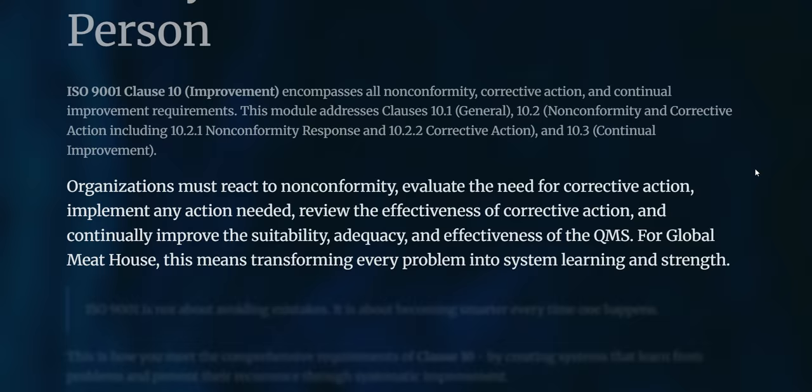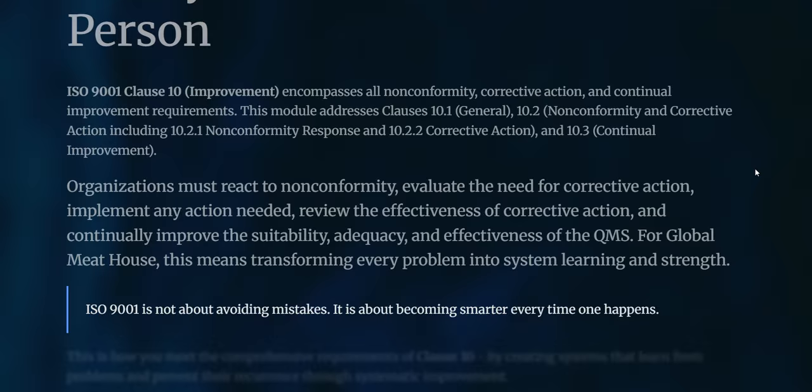Organizations must react to nonconformities, evaluate the need for corrective actions, implement any action needed, review the effectiveness of corrective actions, and continually improve the suitability, adequacy, and effectiveness of the quality management system. For our case example, Global Meat House, this means transforming every problem into system learning and strengths.